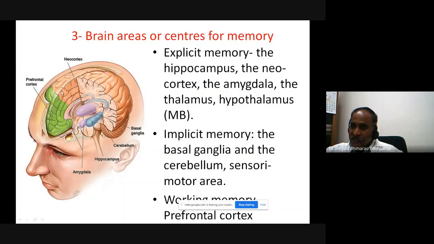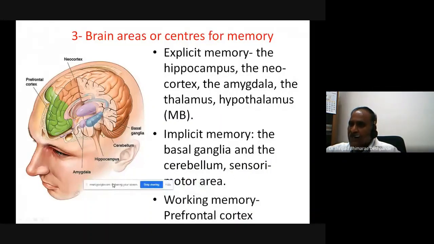That is the motor cortex. This is the primary motor area here. But the corticospinal tracts originate from the M1 motor area, then the premotor area, and some part of the somatosensory area, S1. That is why I have written sensorimotor area. All of these are involved in implicit memory.